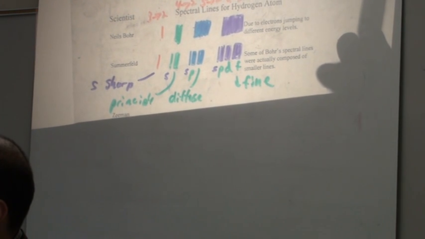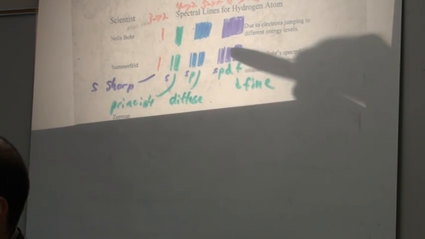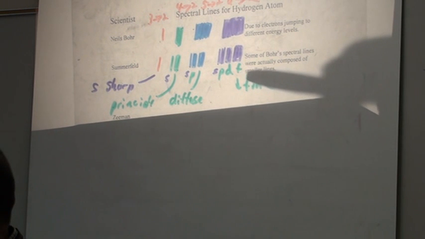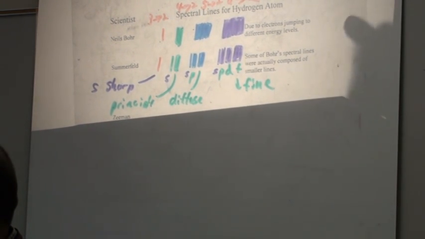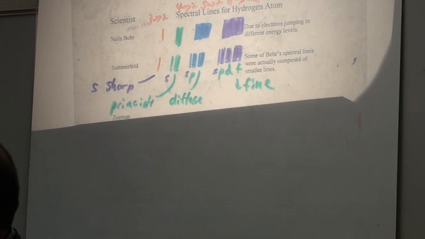The second line in the sequence they call the principal line, or P. The third line in the sequence they called diffuse, or D. And the fourth line in the sequence they called fine, or F. What's the D stand for? Diffuse, D-I-F-F-U-S-E.